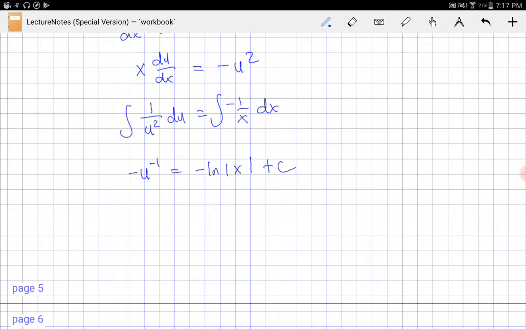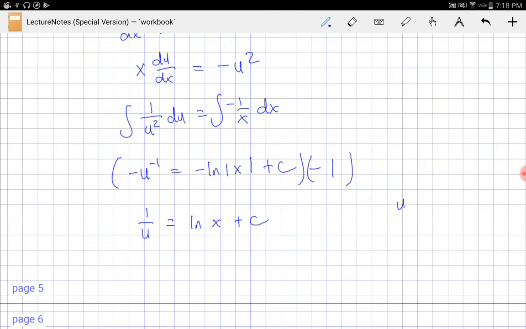So let's multiply the whole equation by negative 1 and drop the absolute value sign. So 1 over u equals ln x plus c.